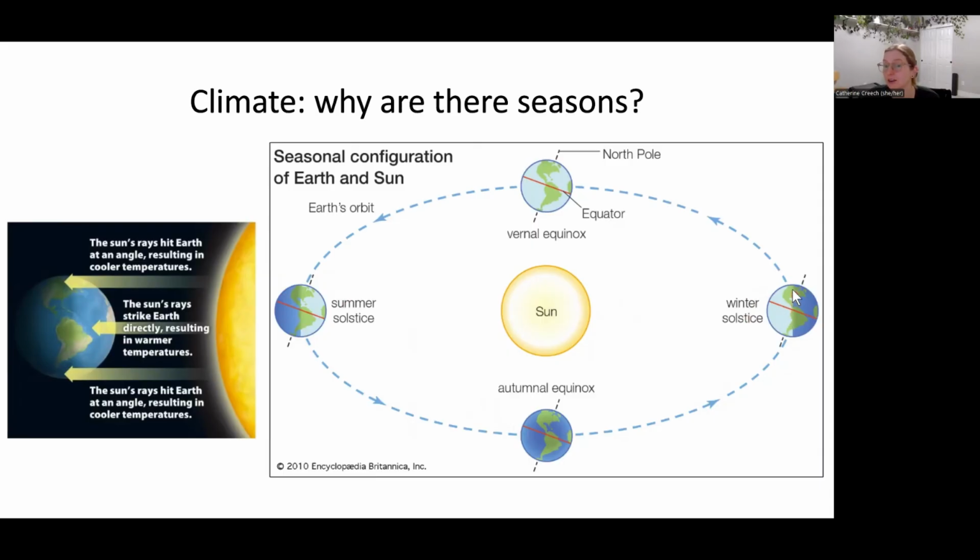So in winter, in the northern hemisphere, it's cold. But in winter, in the southern hemisphere, it's warm. And that's because of this tilt, which changes the direct angle that the sun rays are hitting Earth. So more sun rays on the southern hemisphere in winter, more sun rays on the northern hemisphere in the summer.